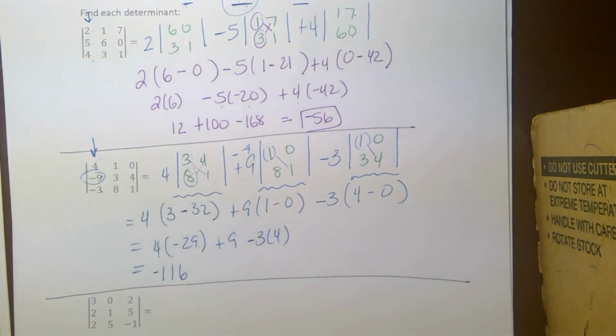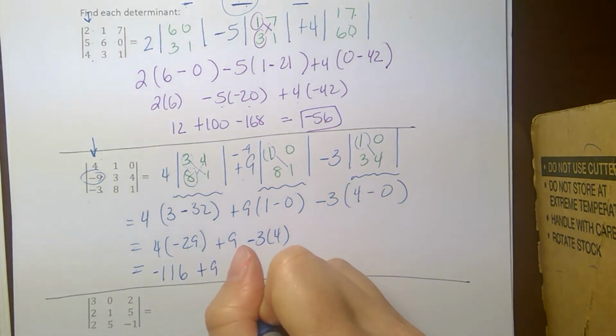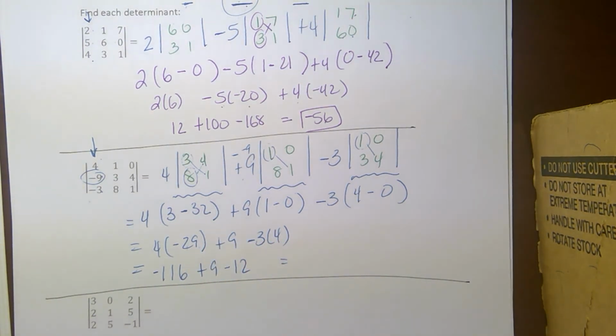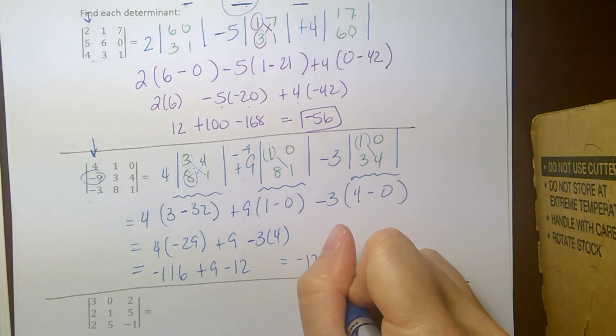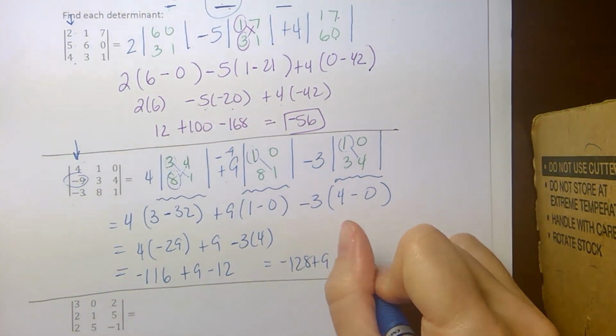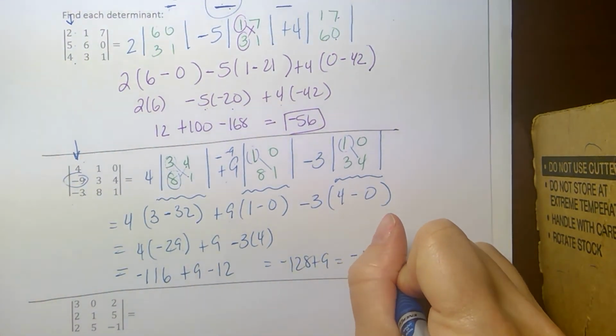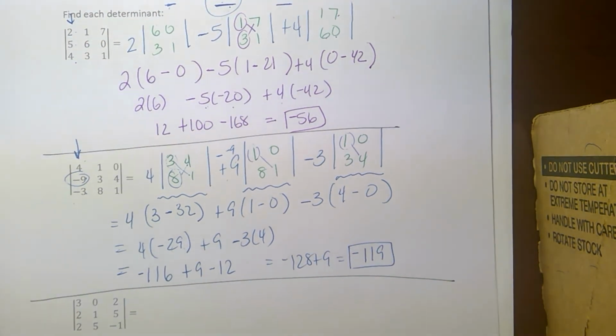Negative 116 plus 9 minus 12. Negative 116 and negative 12 is a negative 128 plus 9. Negative 128 plus 9 is a negative 119 as my determinant.